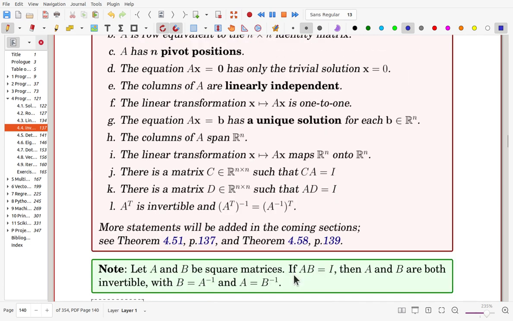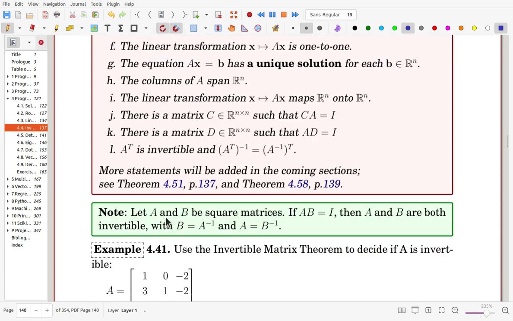Okay, more statements will be added in the coming sections. Here we'll see more equivalent statements later on. If A and B are square matrices and AB is the identity, then A and B are both invertible. So we can say that B is A inverse or A is B inverse.